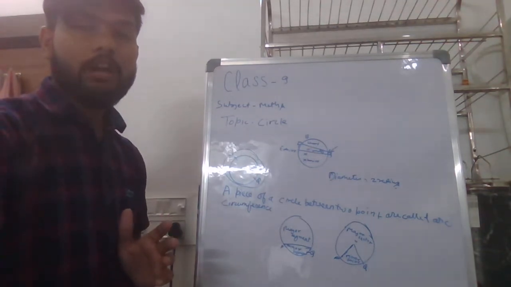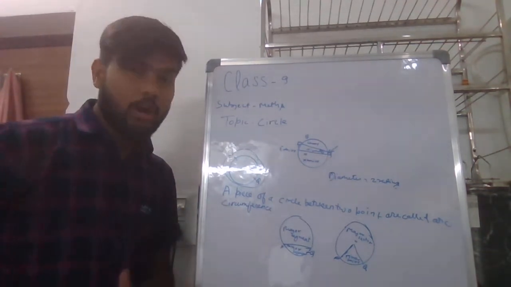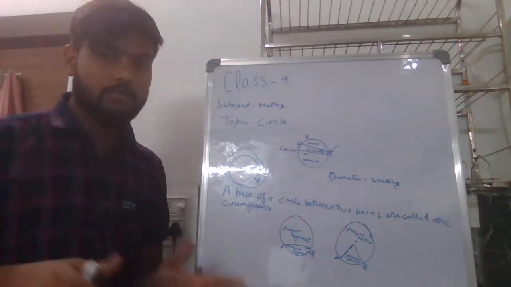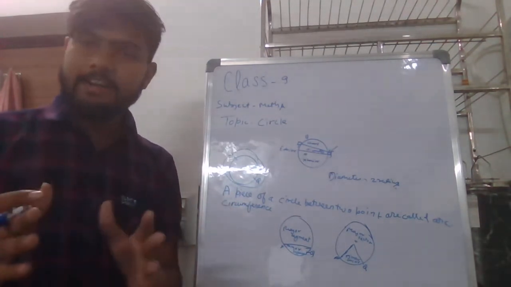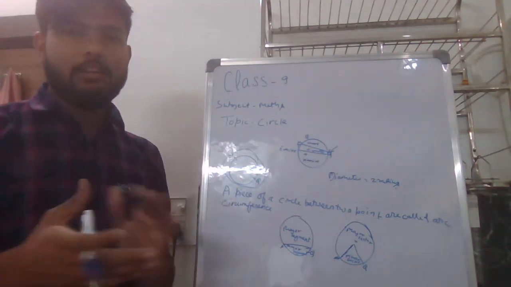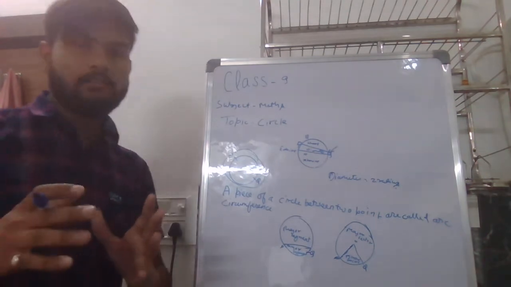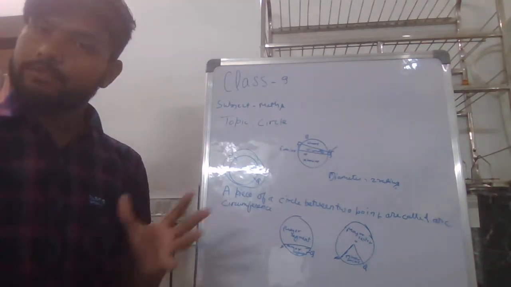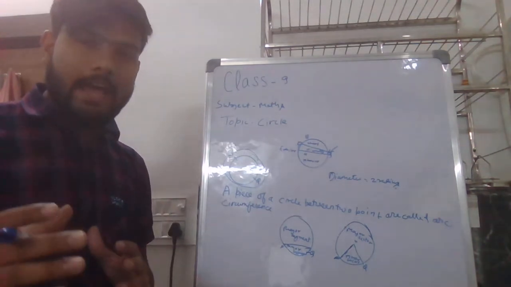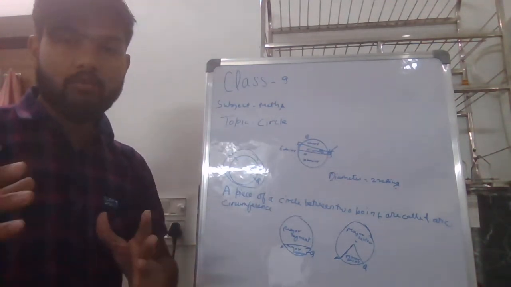Now I have homework for you. Fill up the blanks: a point whose distance from the center of a circle is greater than its radius lies in dash of the circle. Second, the longest chord of a circle is a dash of the circle. After that I have more questions for you, true or false.